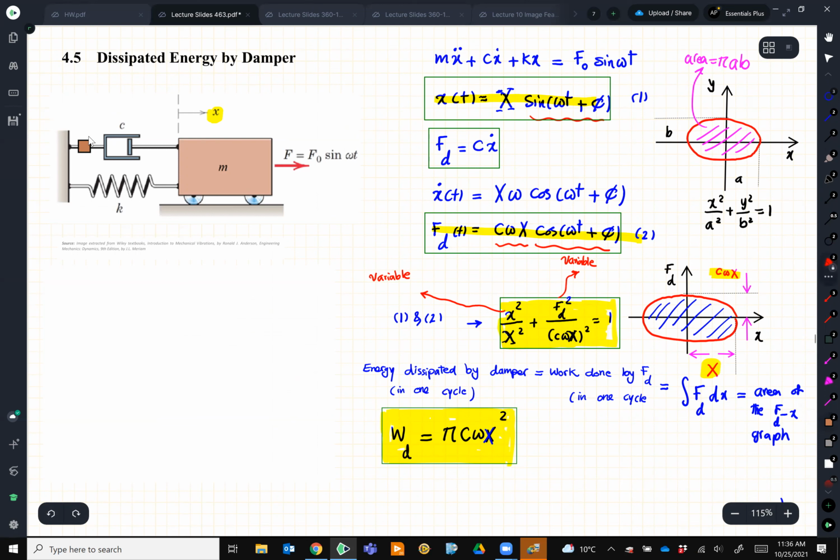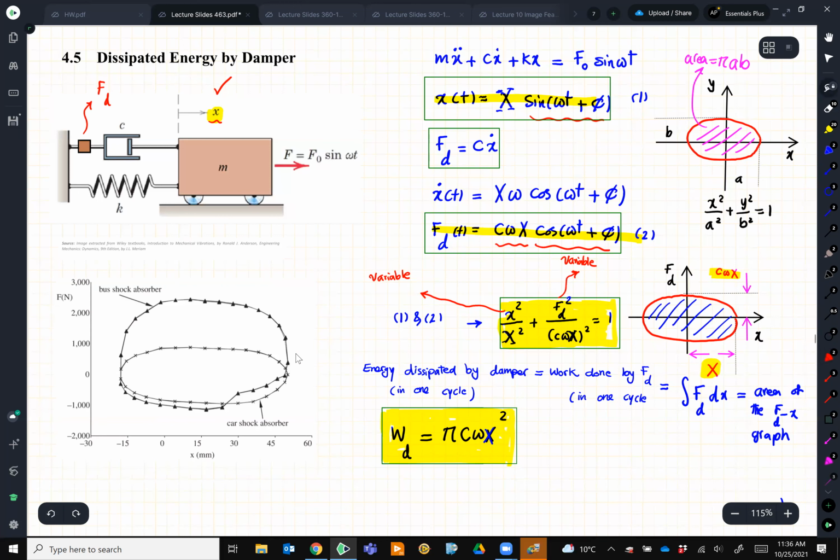They also put a sensor to measure X. So they can measure the force in the damping and the position. That's easy to measure. A displacement sensor can tell us where we are. So we have FD, we have X, and then they plot these two and look at the graphs.